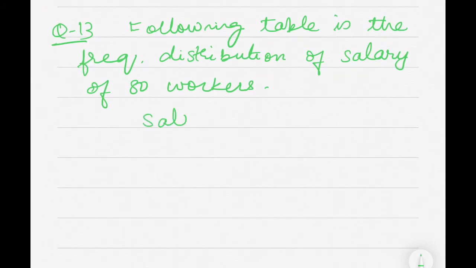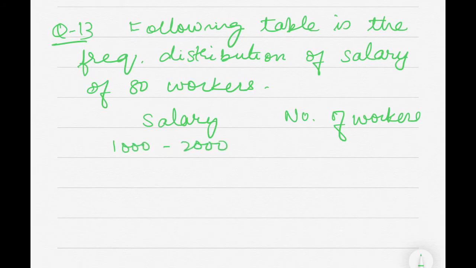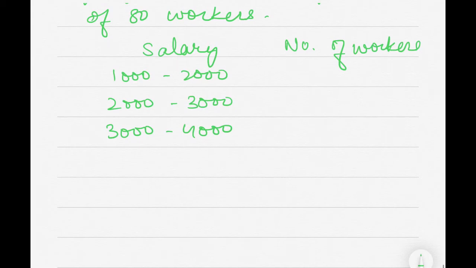So I have salary here and I have number of workers here. Salary is between 1000 to 2000, then 2000 to 3000, 3000 to 4000, and then 4000 to 5000. The number of workers is 12, 18, 22 and 28.